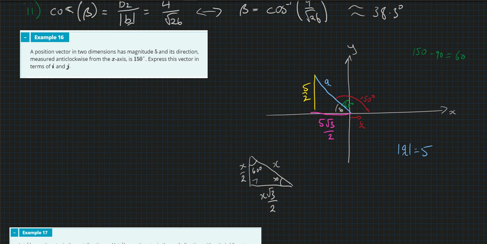That's why I use the red and green, same as in the GeoGebra, by the way. And J is up, right? So it's negative I direction and positive J direction.